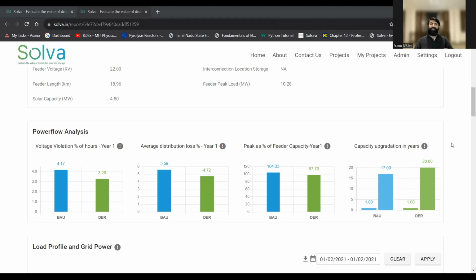That is, with the integration of DER, we can defer the second upgradation for this feeder by 3 years. In the BAU case, we had to upgrade it in the 17th year, while 4.5 megawatt distributed solar integrated at the middle end interconnection point on this particular feeder will allow us to defer the second upgradation by 3 years.